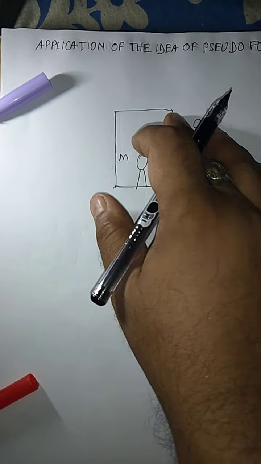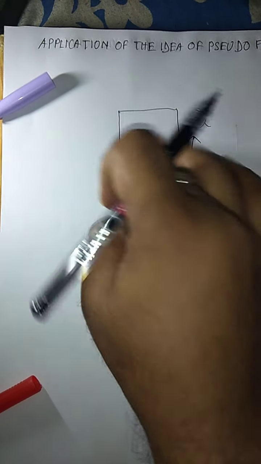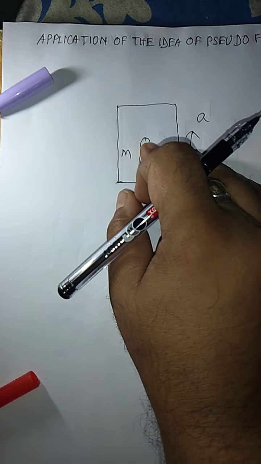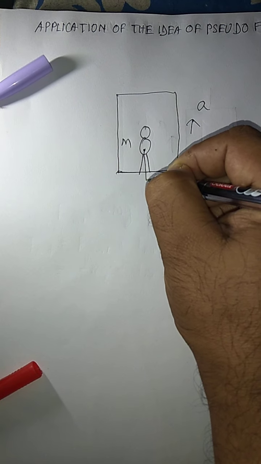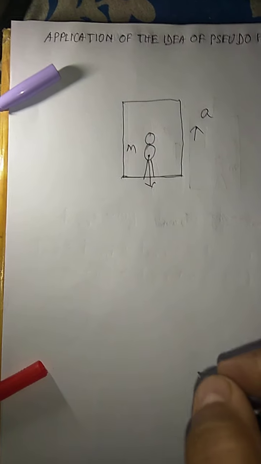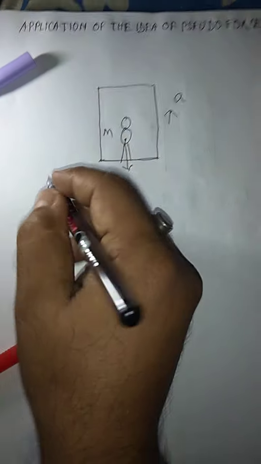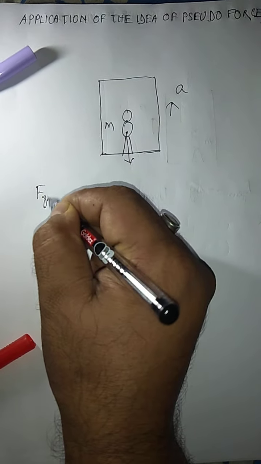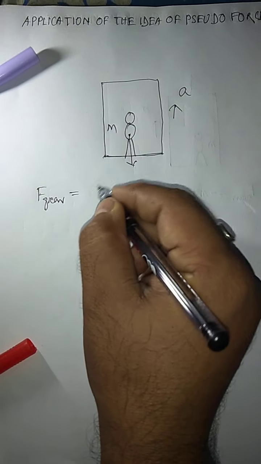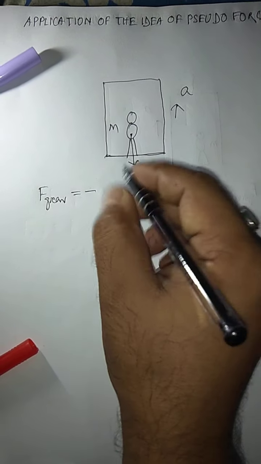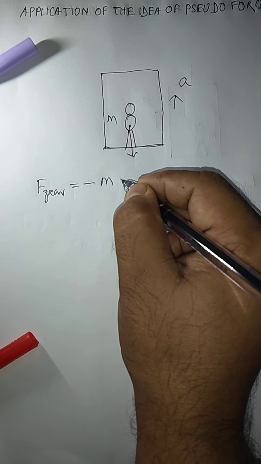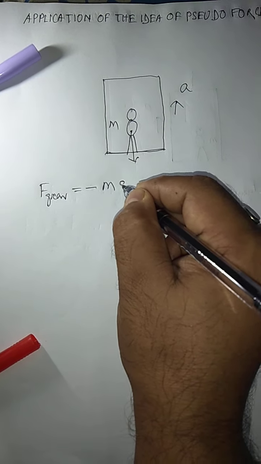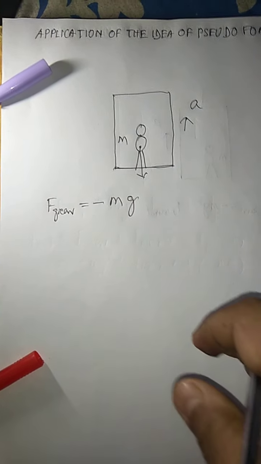Now let's analyze the different forces acting on this man in this non-inertial frame of reference. The first force is the force of gravity. And this force of gravity, F grav, is equal to minus the mass of the man multiplied by the magnitude of the acceleration due to the Earth's gravity, and this is g.